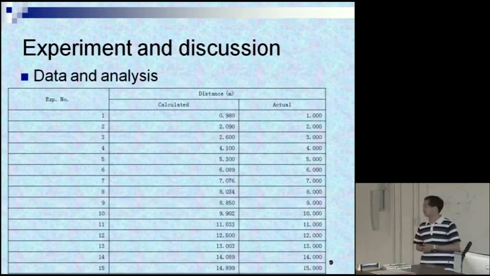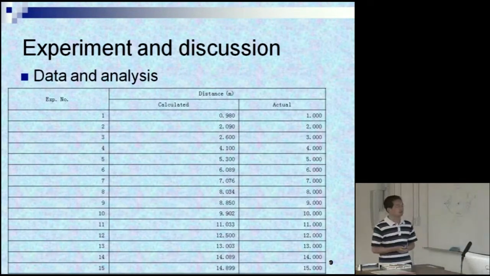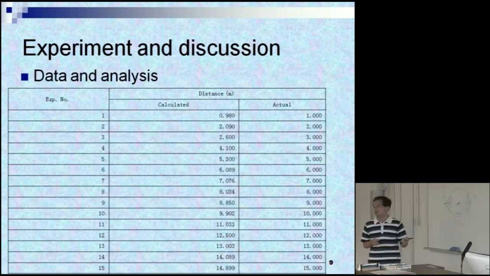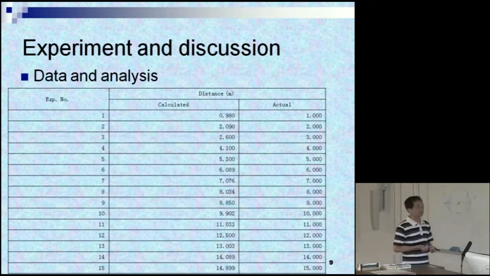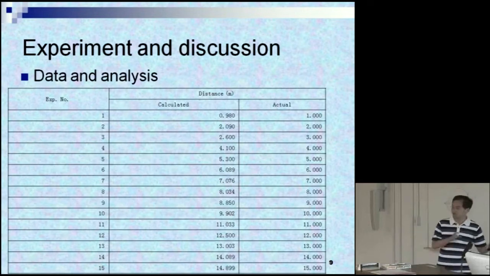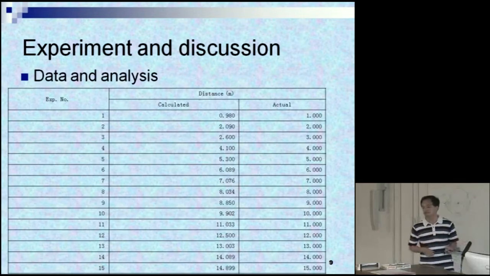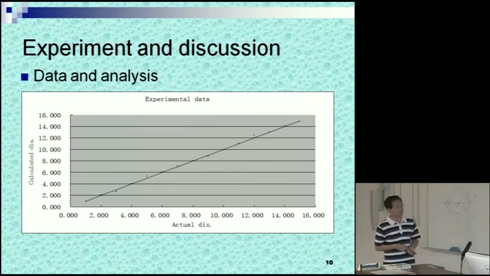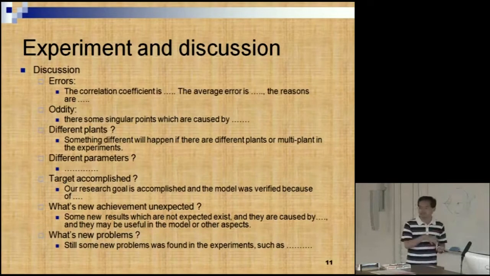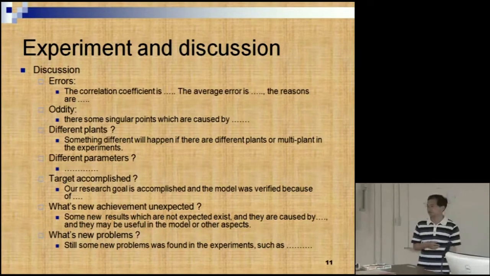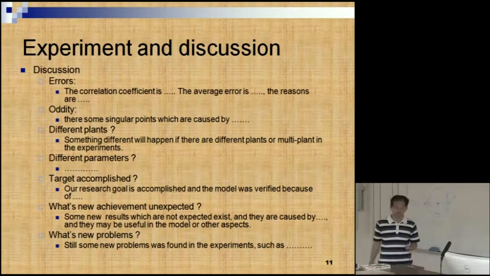After the experiment, we get data. We need data analysis. So this is a table about that. And we can change the data from table to figures to show it clearly. And it's like this. And we have some discussions with many items here, just listed, not in detail.